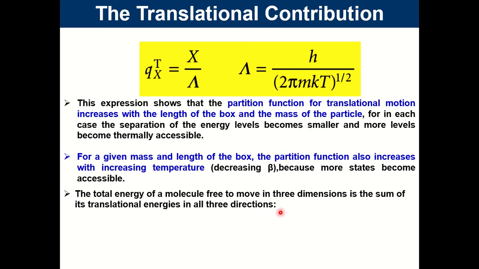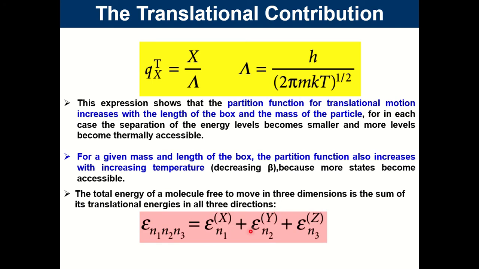As I was telling you, a molecule may be moving in all 3 dimensions. So we have to consider the energy as a summation. Translation energy will be a sum of all these components: energy due to translation motion in x direction, y direction, and energy due to translation motion in z direction.